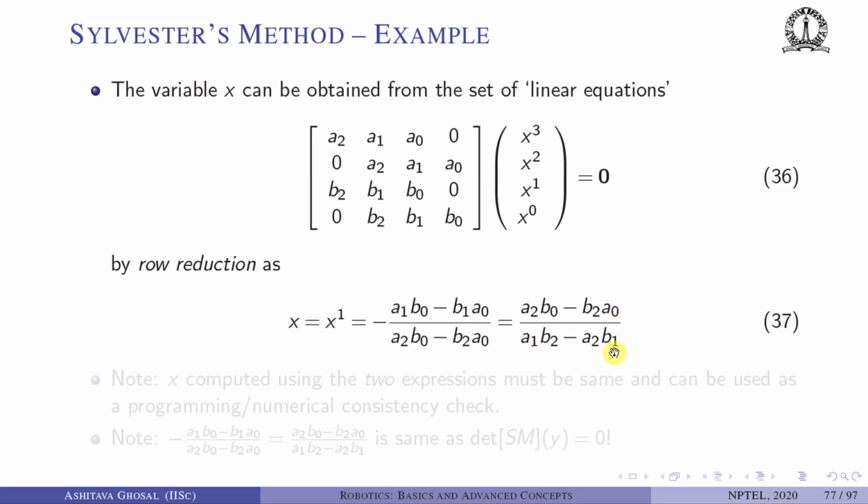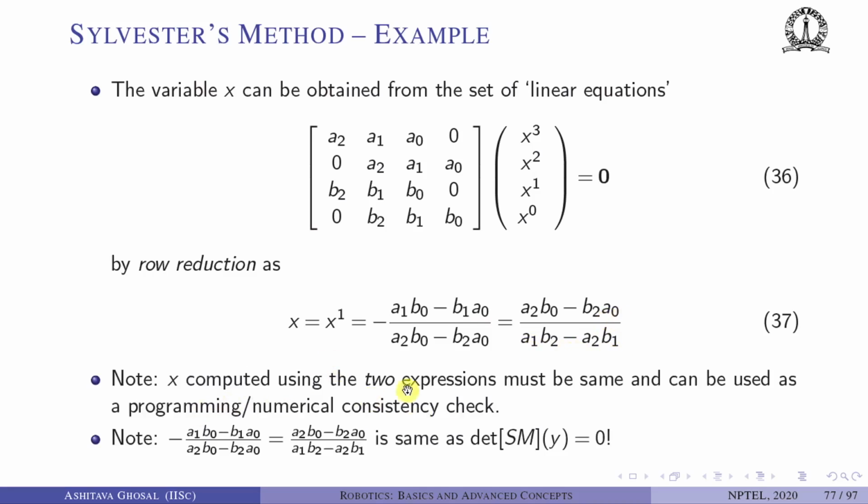Okay, so the x computed using the two expressions on the right hand side must be the same and can be used as a programming numerical consistency check. One thing you can see is that this term a1b0 minus b1a0, if you expand it out, you will get the determinant of Sm of y equal to 0.